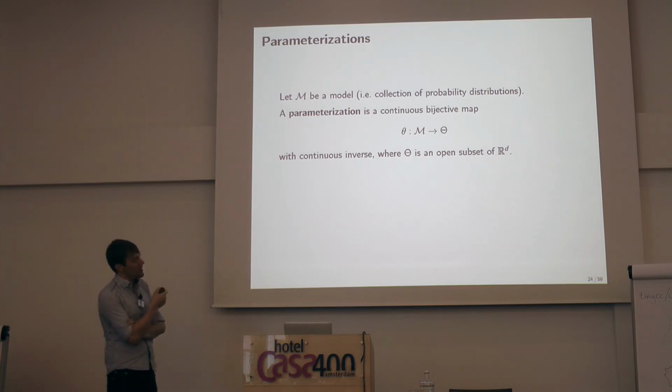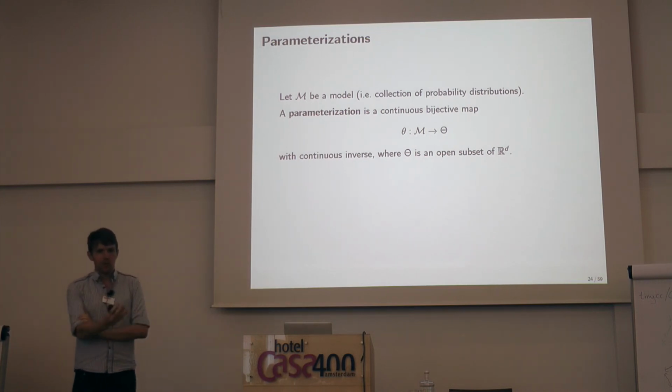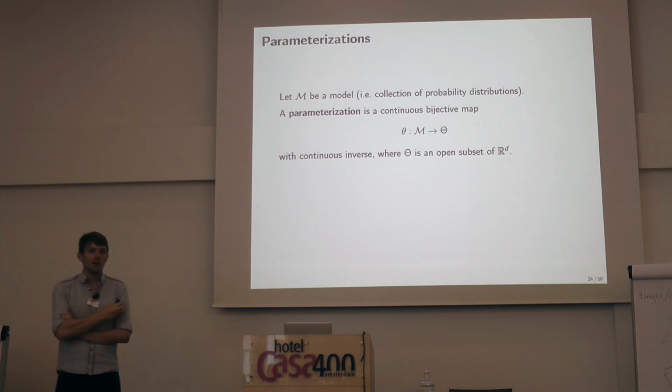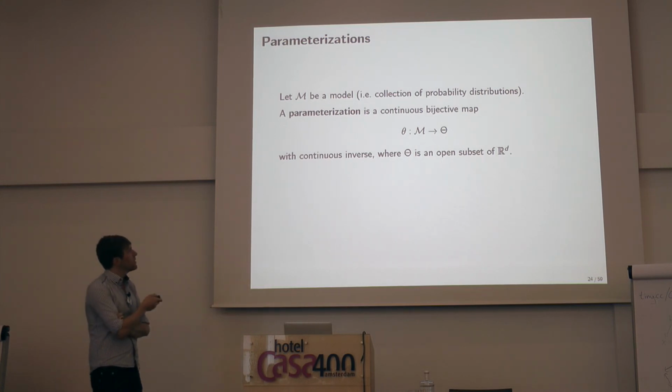Okay, so now I want to be able to parameterize this model. I can't really do anything unless I can parameterize it. So what is parameterization? Well, it's sort of a map from the model space, i.e. the collection of distributions which I've defined abstractly, to some open set. So therefore I will know the dimension of my model.